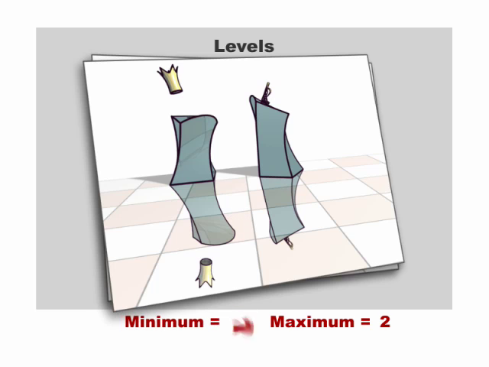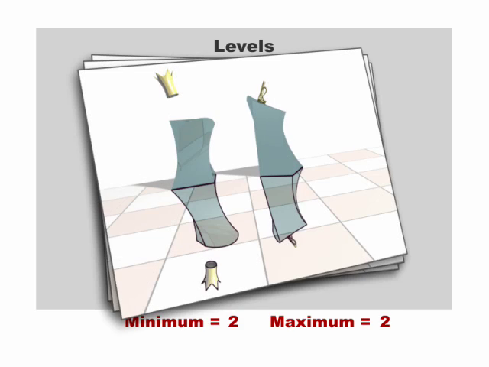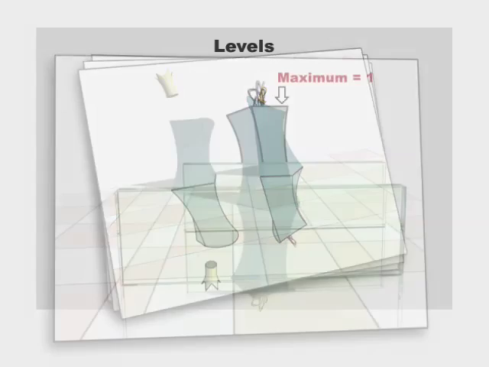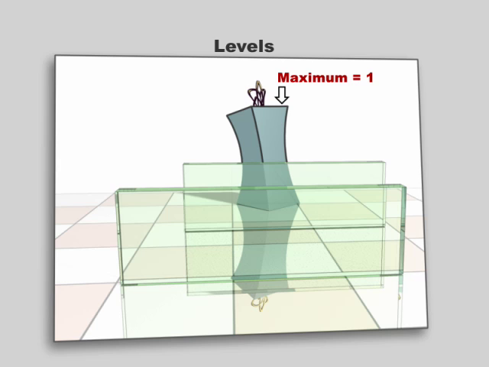If the minimum is set to 2, only reflected or refracted objects receive contours. Note that for refractions, you might need higher values than 2 if rays go in and out of the two surfaces of a transparent object.